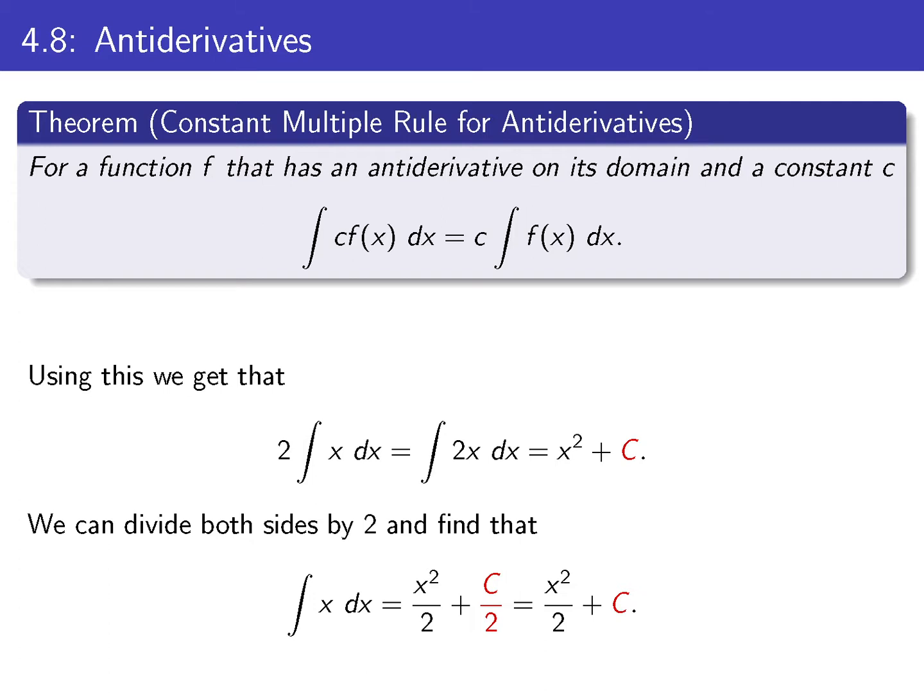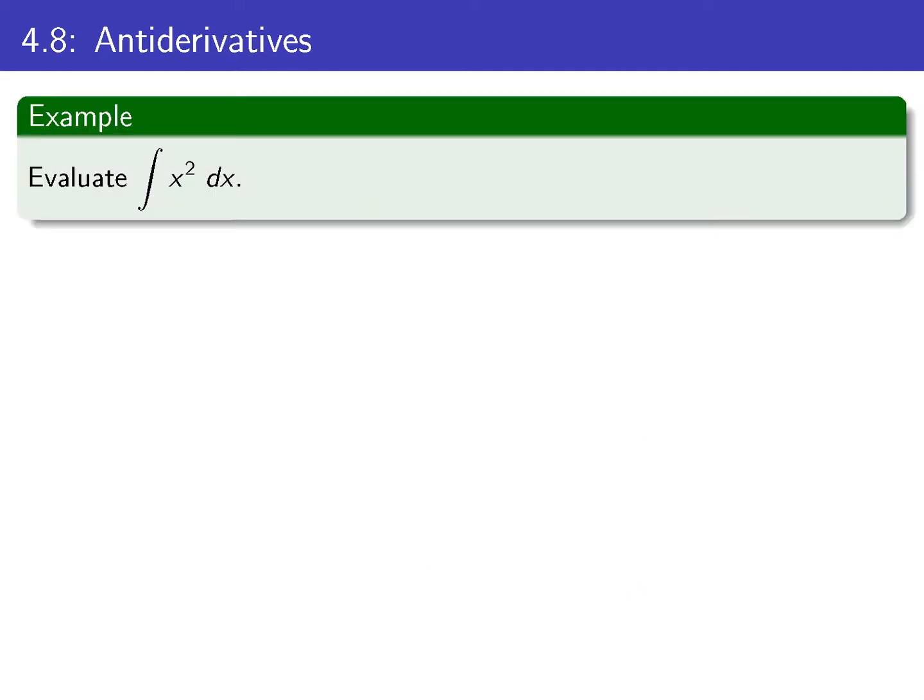But remember, the c we add is just a generic constant, so we may rewrite it just as a c, because dividing it by 2 does not change the fact that it's a constant. If that makes you uncomfortable, you can also keep c over 2. It's the same. Now see if you can find the integral of x squared dx. Pause the video here if you want some time to try it for yourself.